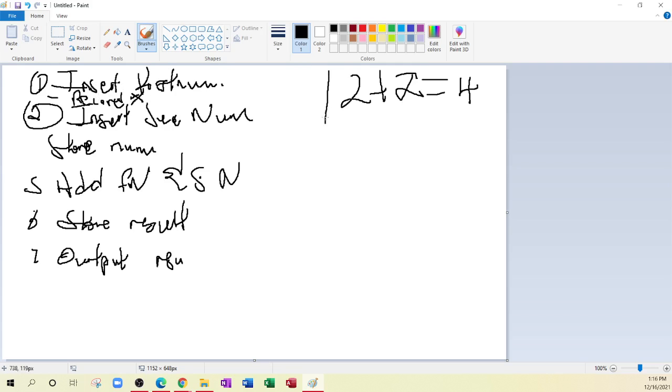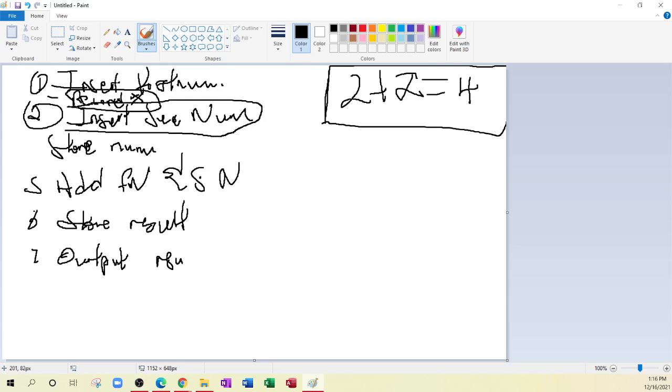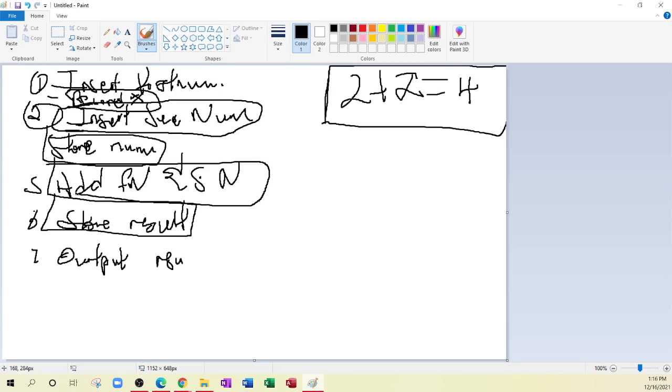If you want to add two numbers together, what are the logical steps to add these two numbers together? You might tell somebody insert number 1 and then record that number. Then you might say insert the second number and then store that number. And then you're going to add those two numbers together, store the result, and then output the result.